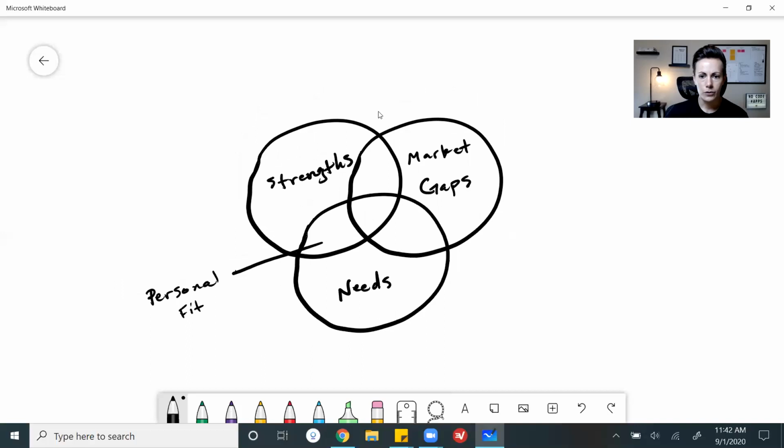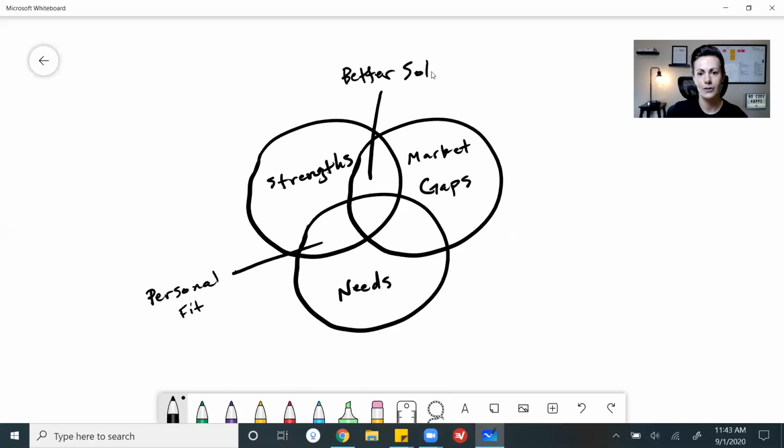Now, when you look at your strengths and the market gaps, this is another really important one. If you have identified market gaps, and your strengths play into those, well, what you're going to do is create a better solution, right? It's pretty simple.